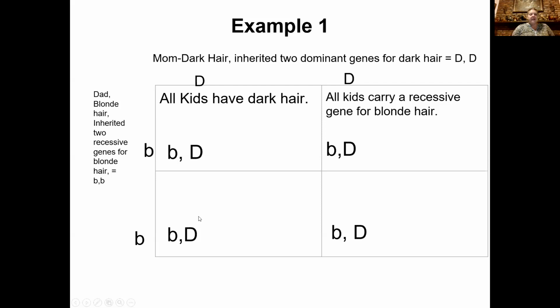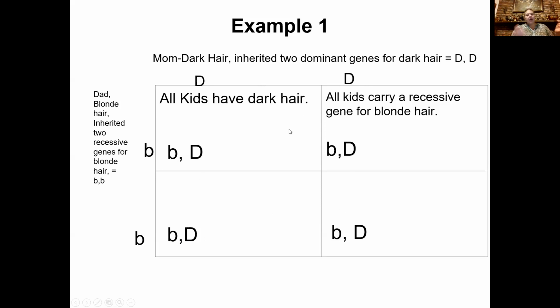If you'll notice here, each kid got a blonde gene from dad. For him to have blonde hair, we know he has to have 2 recessive genes. So we know that all the kids are going to get that recessive blonde gene from him. However, none of them are going to be blonde because mom has dark hair, which is a dominant trait. So these kids are all going to have dark hair because she genetically has 2 copies of this.